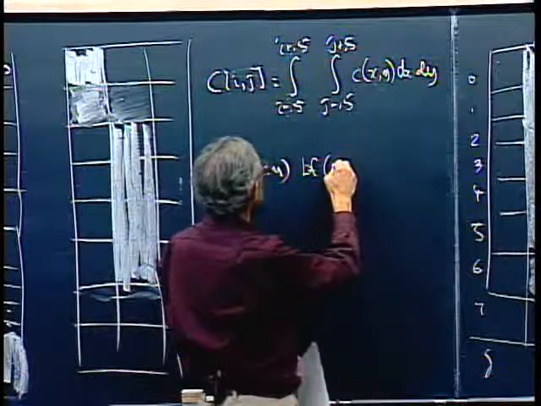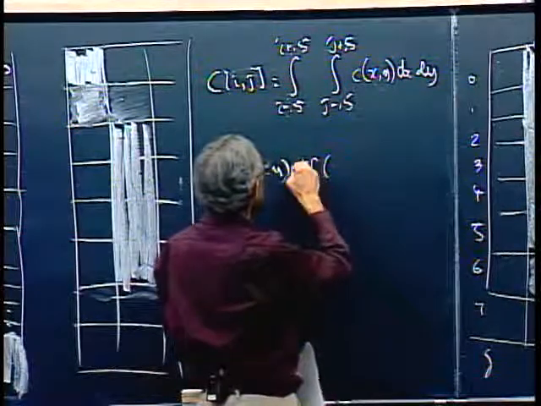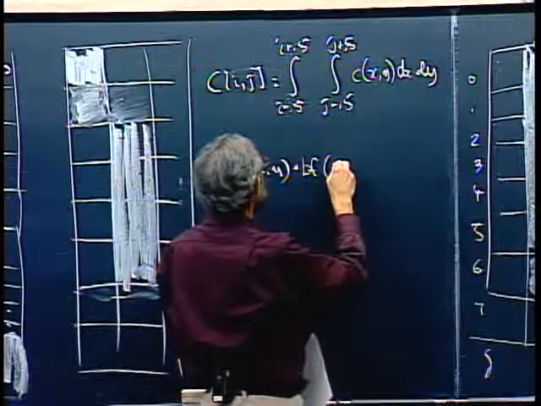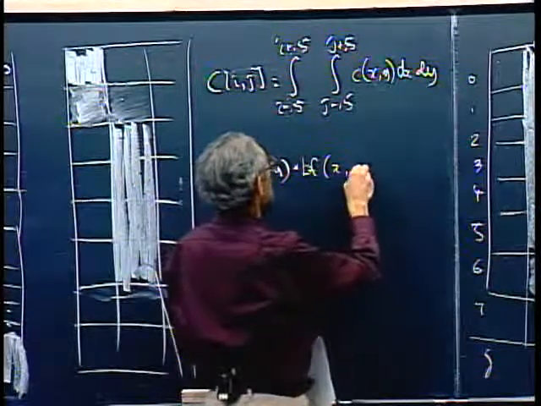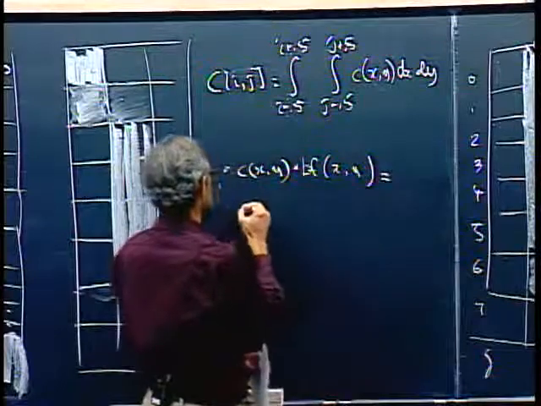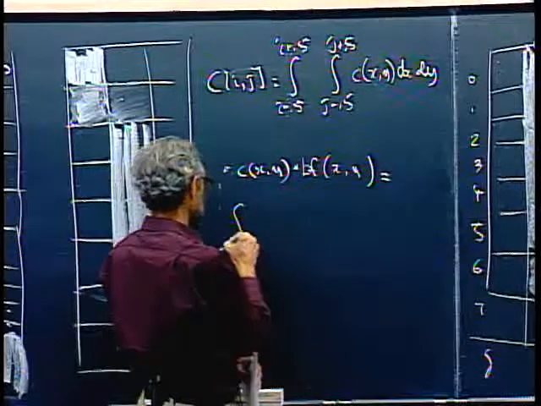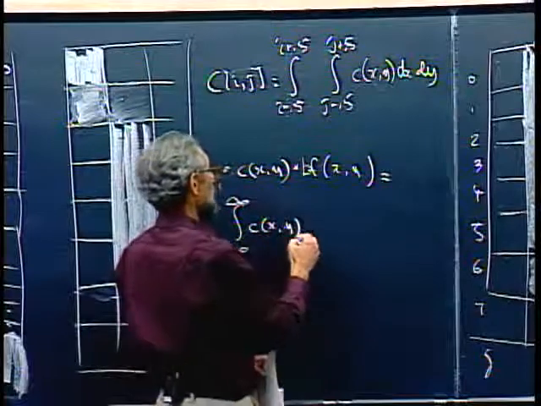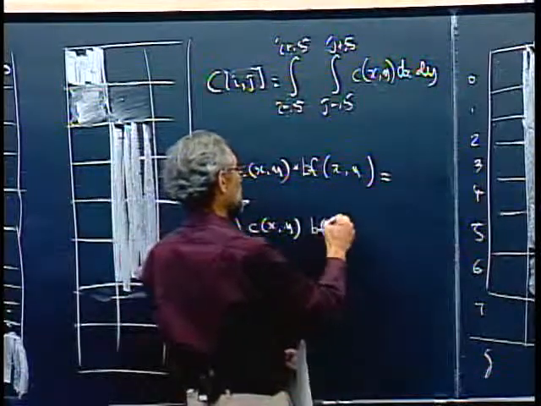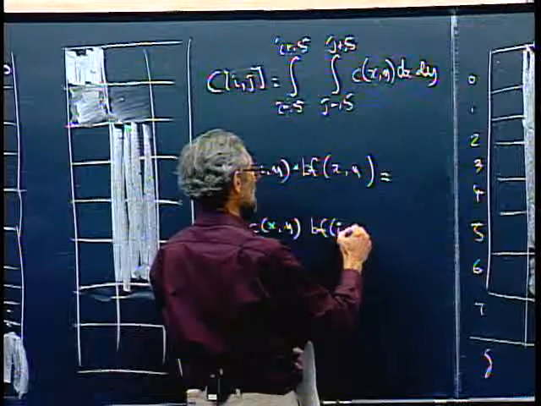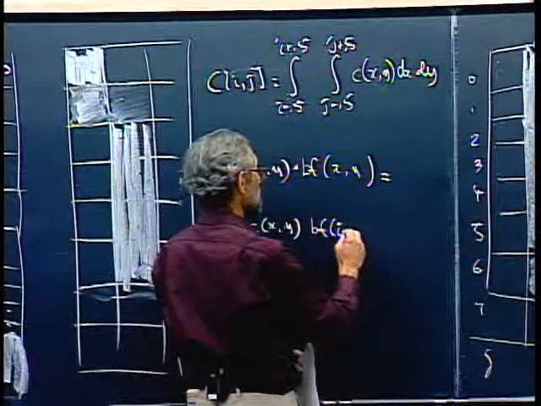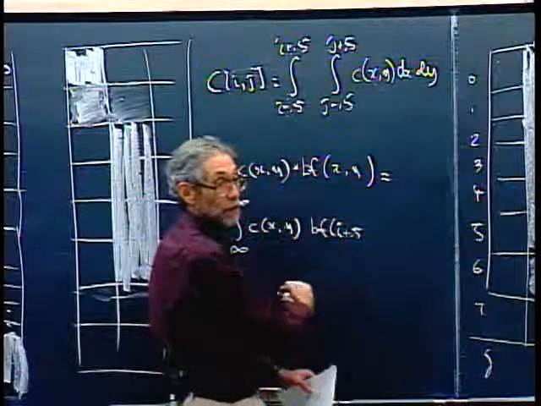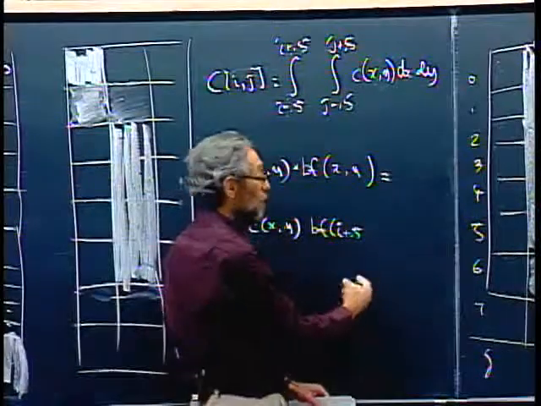But if it's the box filter of x, y, which is the integral from minus infinity to infinity of the color x, y times this box filter of I. It's actually I plus 0.5 is really the pixel center, if we think of the box filter as going from minus a half to plus a half.